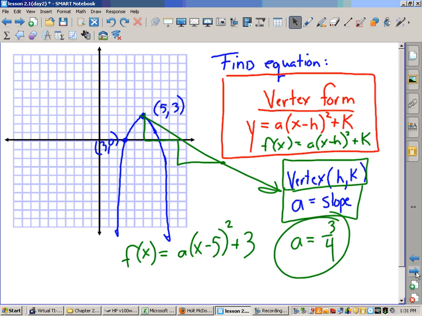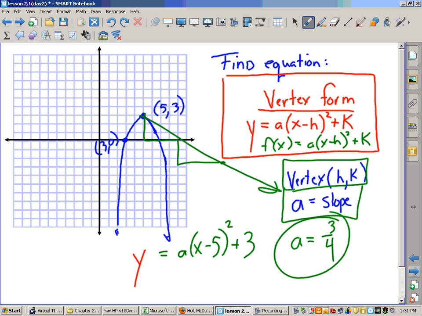That's what I got. Now, this f of x is really the y component, correct? How many points are on a function? Infinite. How many points did I give you on this function right now? 2.